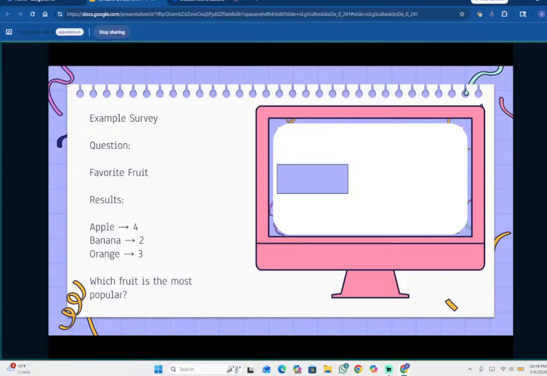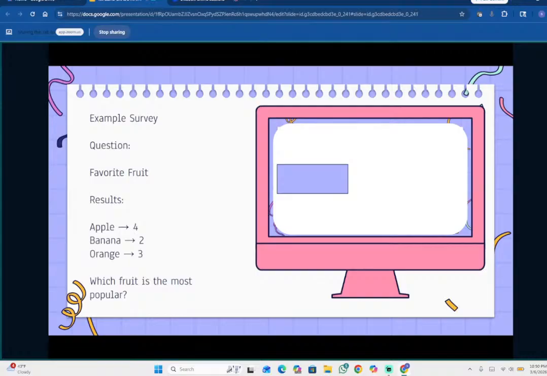So let's go over an example survey. Question: favorite fruit. Results: apple 4, banana 2, orange 3. Remember, how we get to this is we created a table when surveying. We have all of the fruits in one column, the tallies in the next column, and the totals in the next column after that.